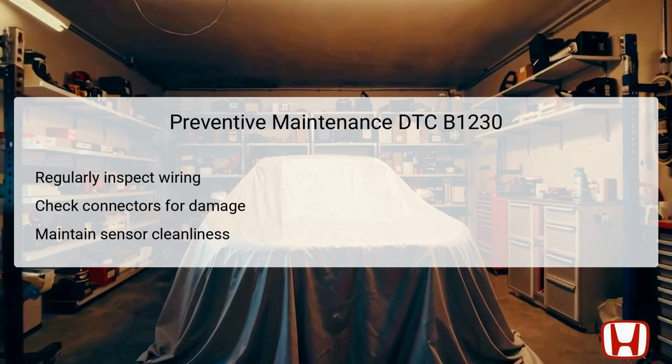Keeping the sunlight sensor clean and free from obstructions will ensure it can accurately measure sunlight conditions, which enhances its performance. By proactively maintaining these components, the likelihood of experiencing the DTC B1230 will significantly decrease, promoting overall vehicle reliability and comfort.